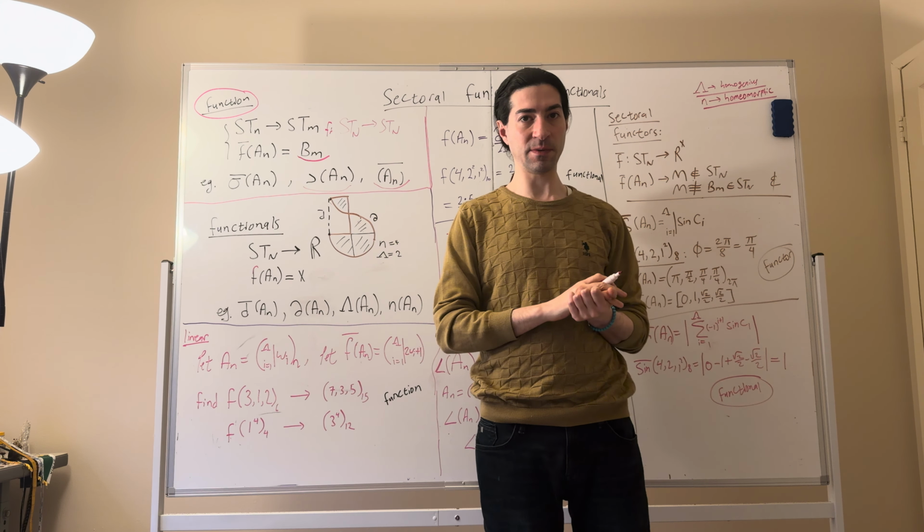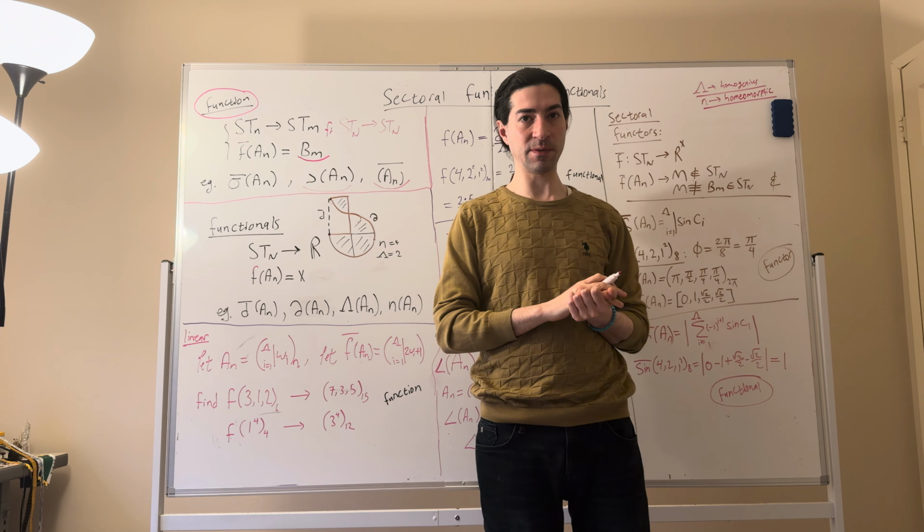So therefore, this is not a homogeneous function. Similarly, the conjugate function is not homogeneous as well. However, the involute function, which we've done a video about earlier, is homogeneous, because it does preserve the order of the function. So that's the first broad distinction.